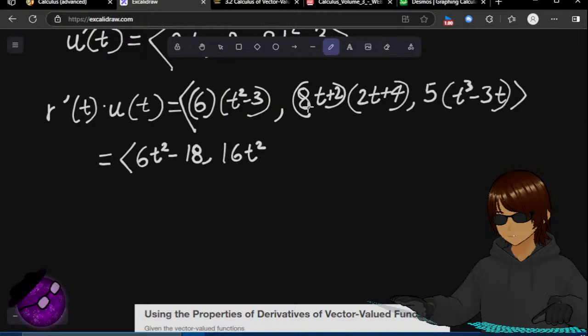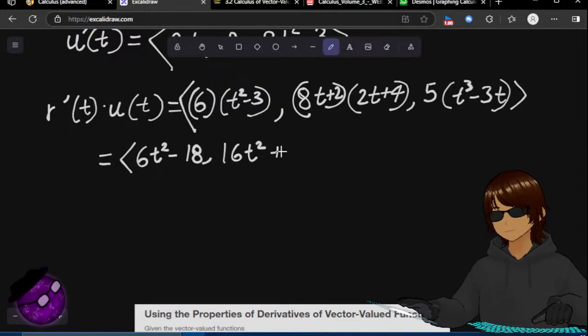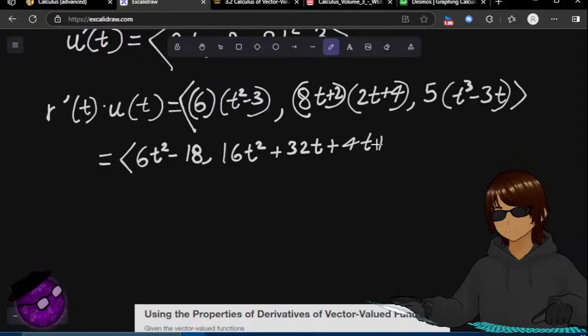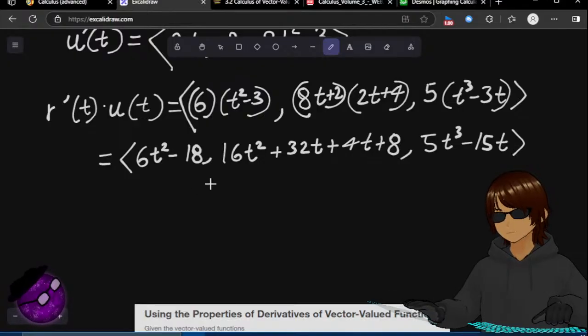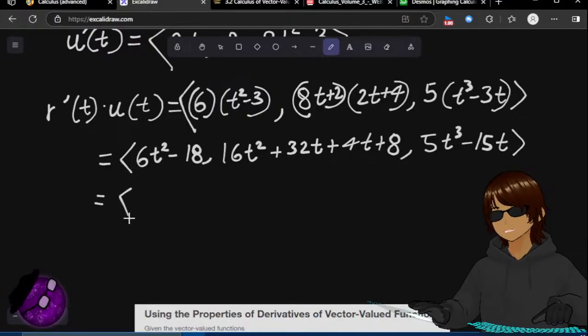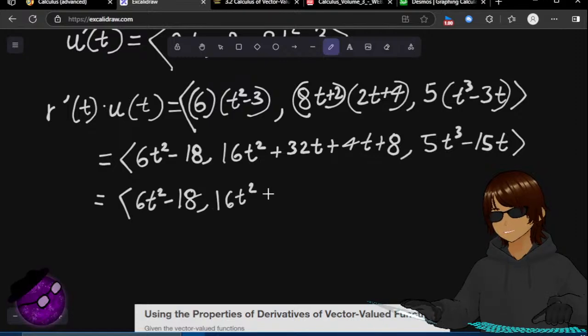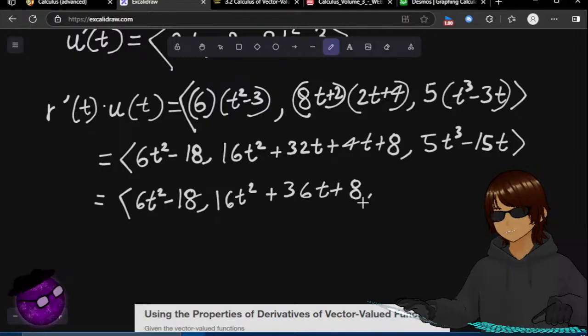And then 32t plus 4t, 4 times 2, 8, and then 5t cubed minus 3t, 36 plus 8.